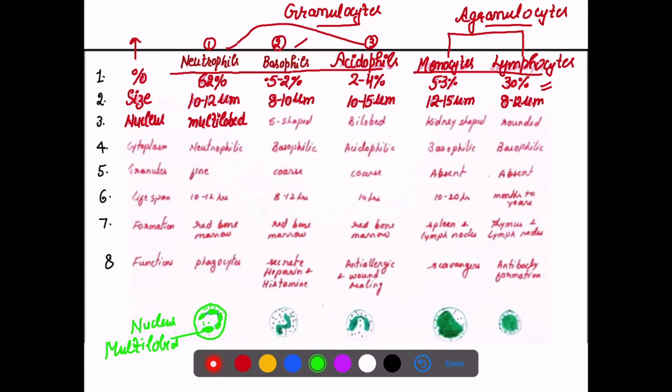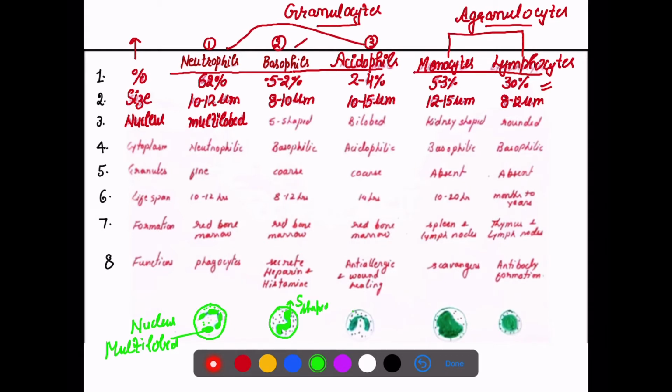What about your basophils? The basophil nucleus is S-shaped. As you can look here, it is equivalent to an S shape. The shape of the nucleus in basophil is S-shaped, right?